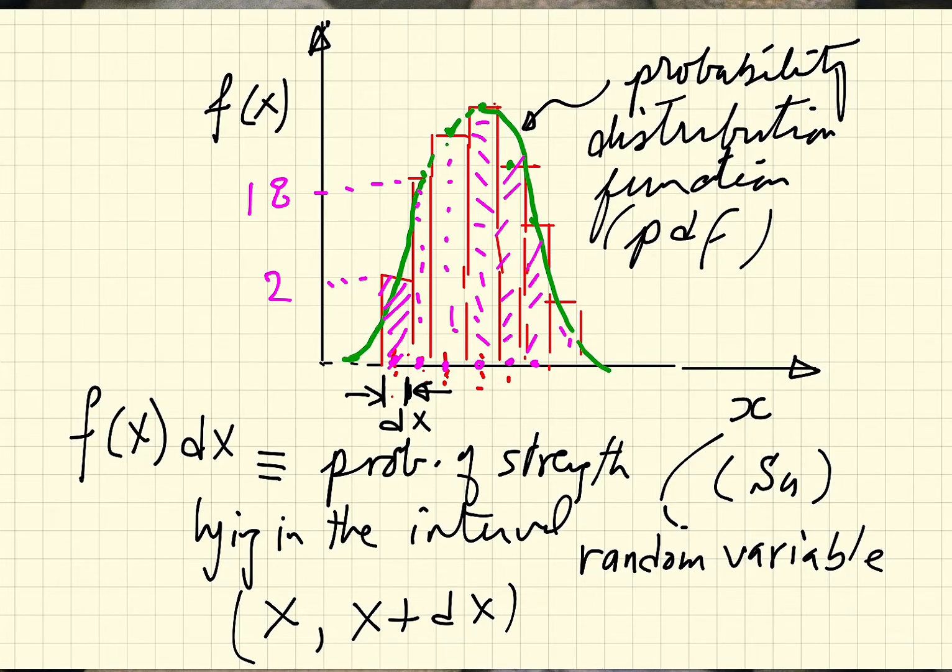And to make things a little bit easier for us, we're going to define this as the probability distribution function, the PDF for short. And symbolically, we're going to call it f of x.